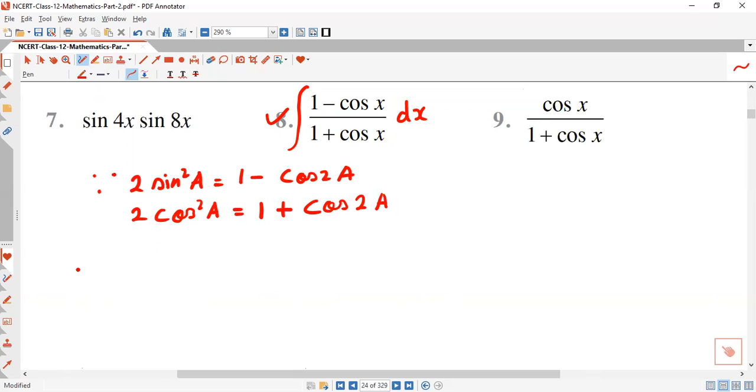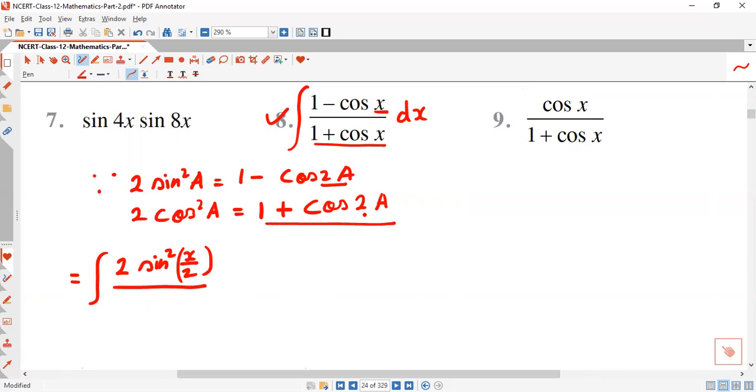So what does the integration become? It becomes the integration of 2 sine square x by 2, because 2a equals x, so a equals x by 2, divided by 1 plus cos x, or 1 plus cos 2a, which is 2 times cos square x by 2, dx.